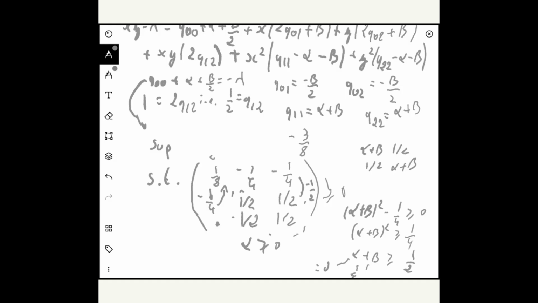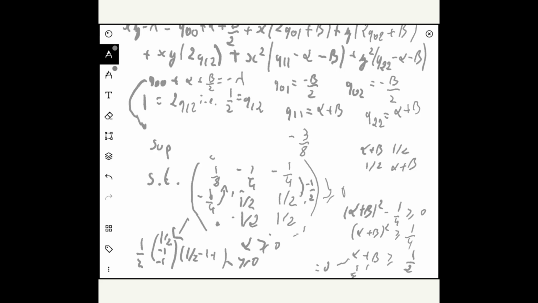And so for this matrix, we just need to show it's semi-positive definite, and we can write it as 1 over 2 multiplied by 1 over 2, 1, 1, 1 over 2, 1, 1, minus 1, minus 1. And because of this, it means it's semi-positive definite.